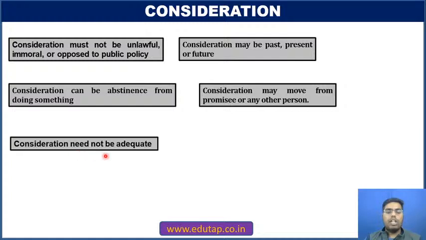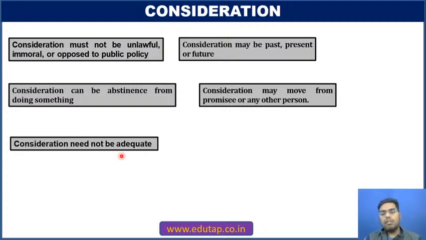Next is, consideration need not be adequate. Very important. It is not necessary that consideration is adequate. Consideration can also be inadequate. What do you mean by inadequate consideration? Suppose I am going to sell you a property. The market value of the property is rupees 5 crore, but I am going to sell you the property for rupees 50 lakhs. That is a very valid contract.